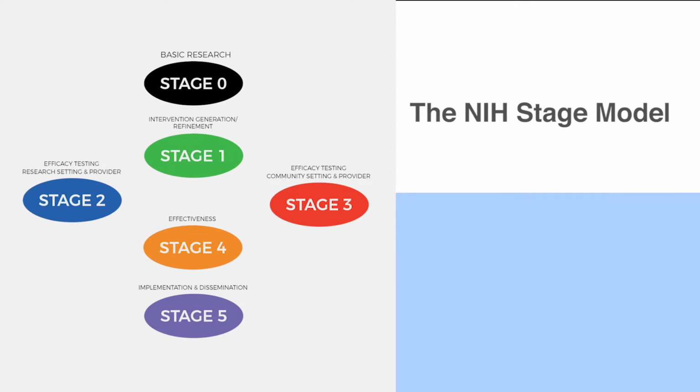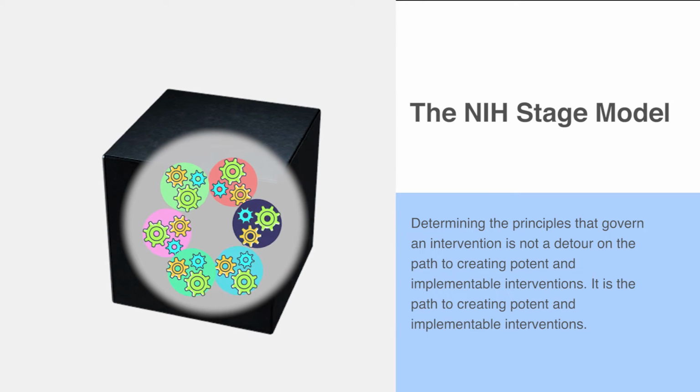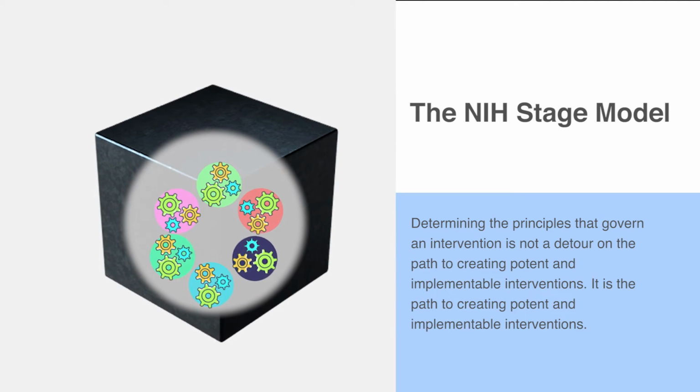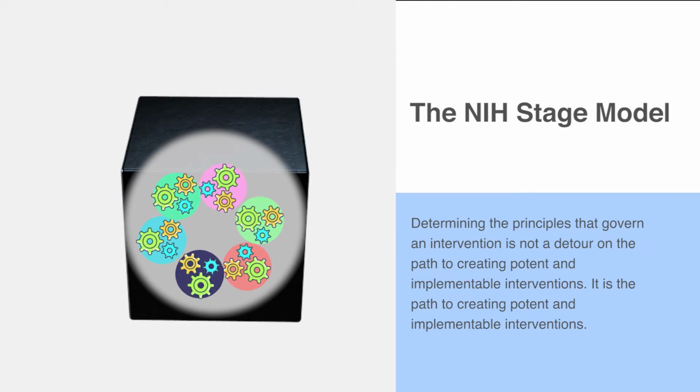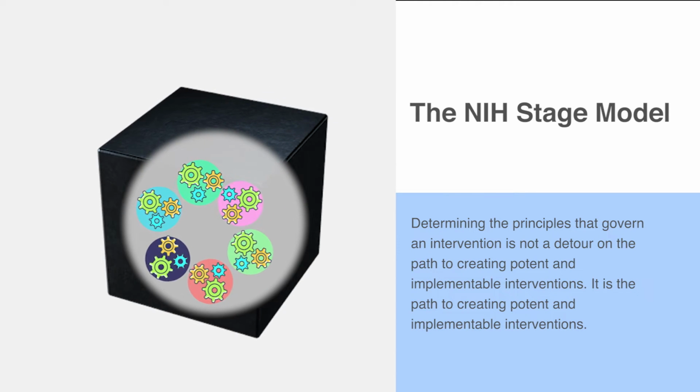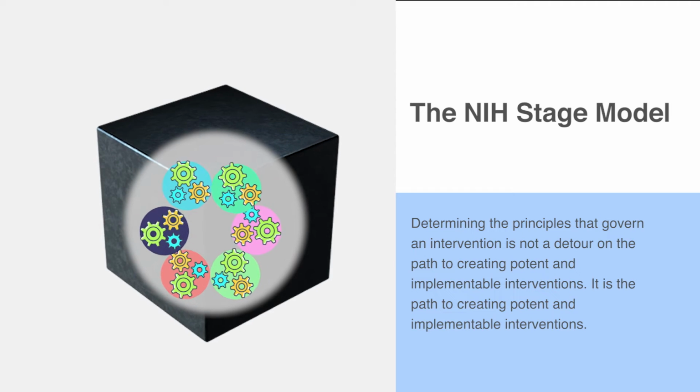The NIH Stage Model embraces these key concepts. Potency and implementability are both needed for an intervention to have an impact. Determining the principles that govern an intervention is not a detour on the path to creating potent and implementable interventions. It is the path to creating potent and implementable interventions.